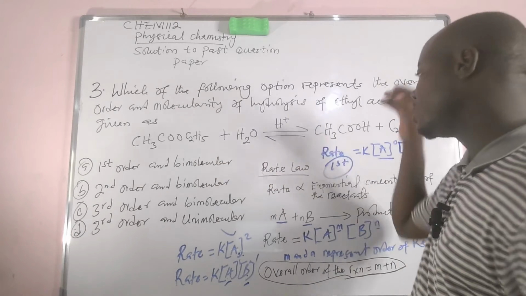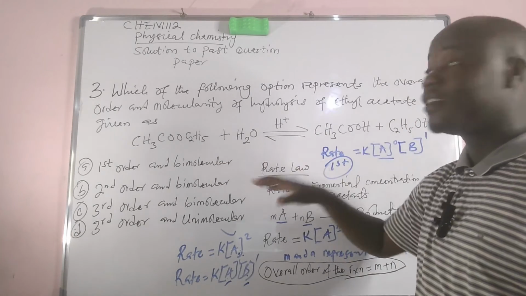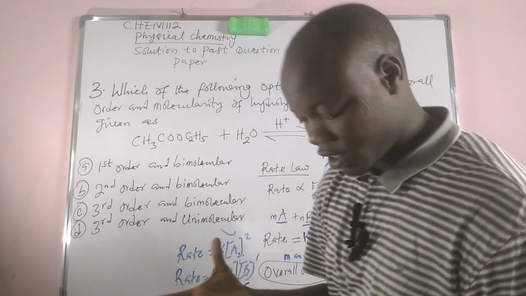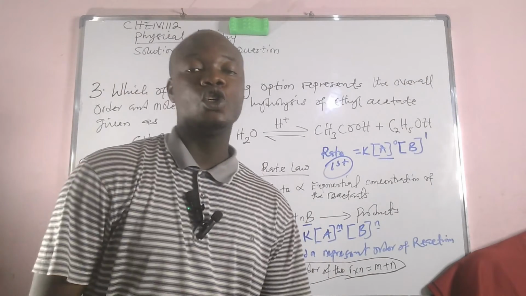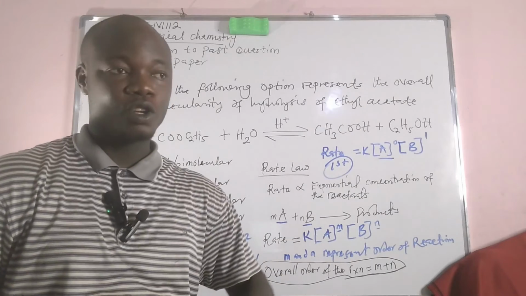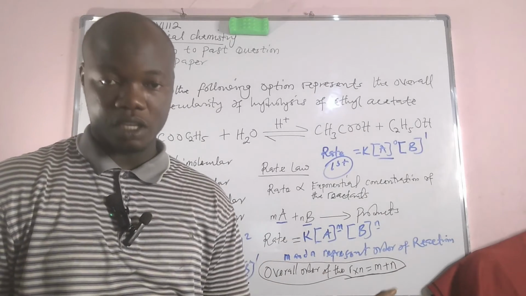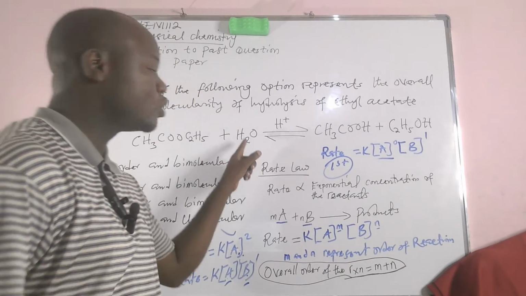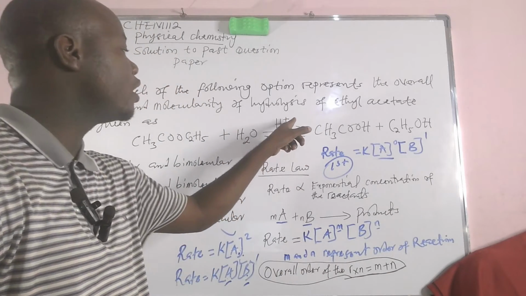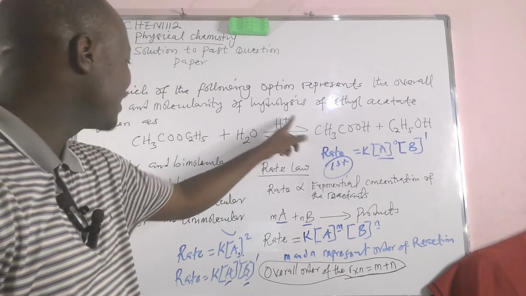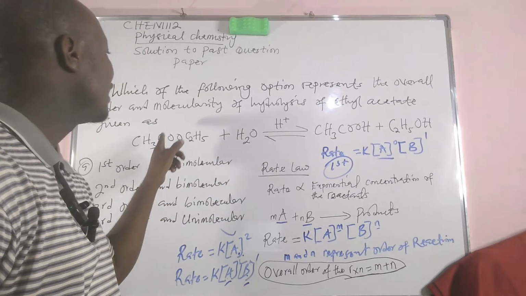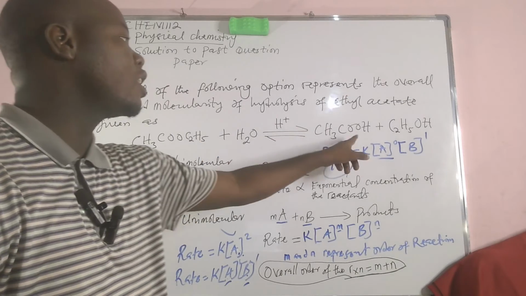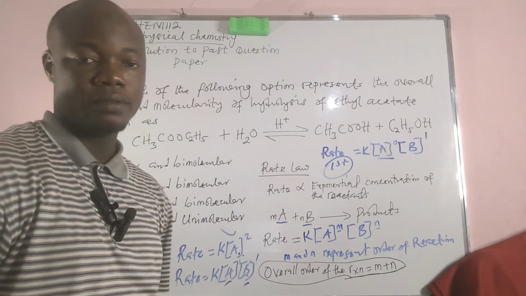But at this point, this is hydrolysis. When you say hydrolysis, it is a type of reaction in which you use water molecules to hydrolyze something, that is, to break down something. So you see, water in the presence of hydrogen, in the presence of an acid catalyst, hydrolyzes ethyl acetate to produce ethanoic acid and ethanol.